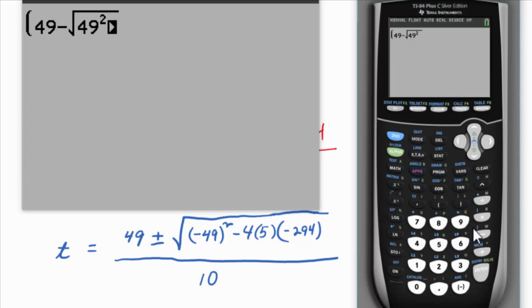Okay? Minus 4 times, okay, I can do 4 times 5. Is it going to be minus when the smoke settles? Yeah. So why not make it plus right now? And then 20, I can do 4 times 5 in my head. 20 times 294. And then you've got to hit the arrow and get out of that square root, and then close the parenthesis around the numerator, and then just divide by 10.